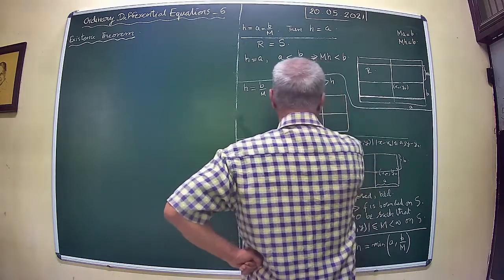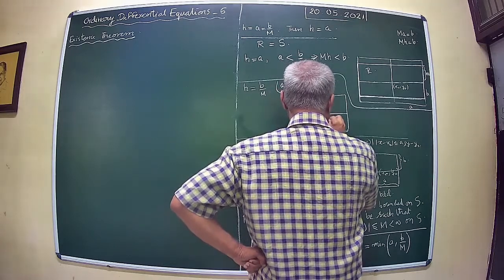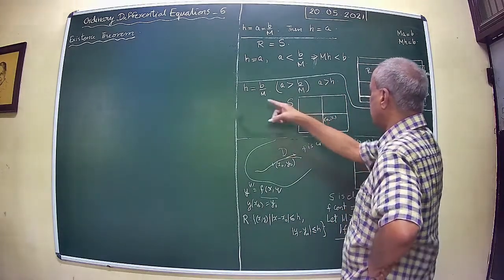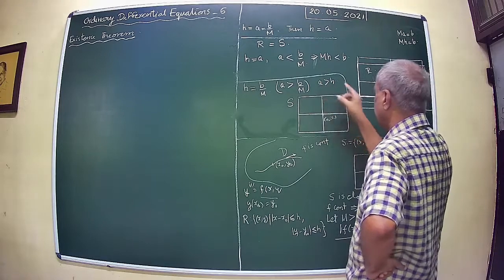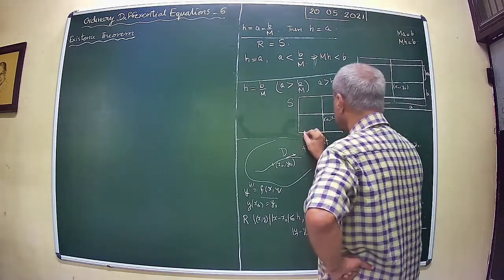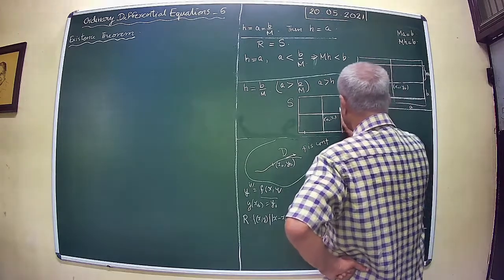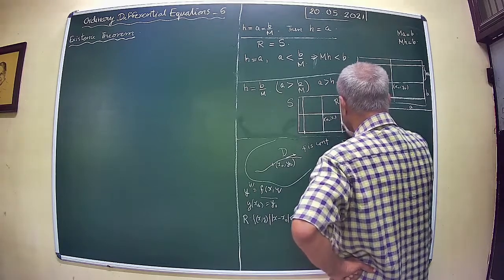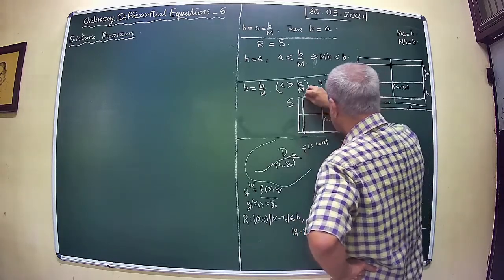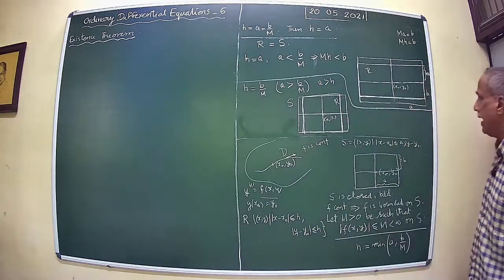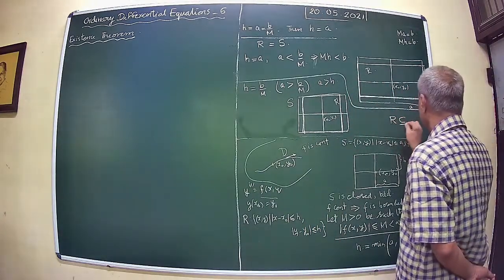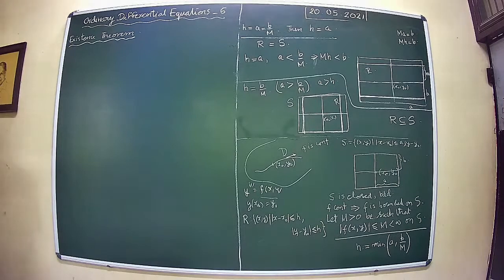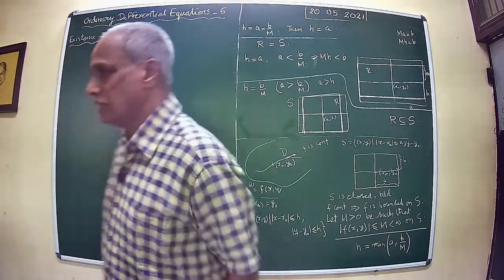This is your S, this is x0, y0, and h is equal to b by M. a is greater than h, therefore h is somewhere here. h is still positive, and this is the rectangle R. On R, the bound for f is M itself.